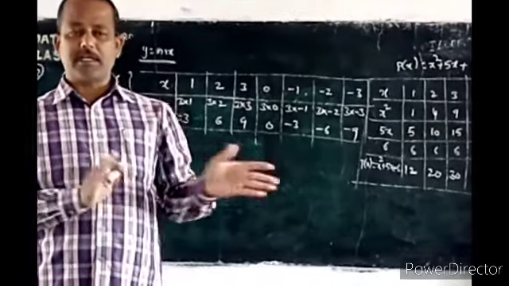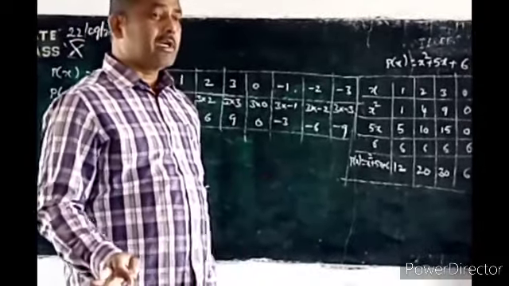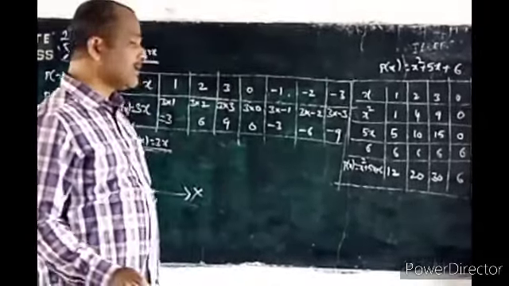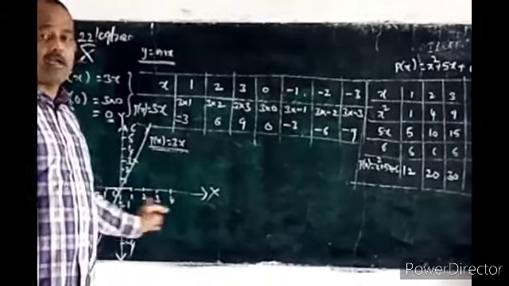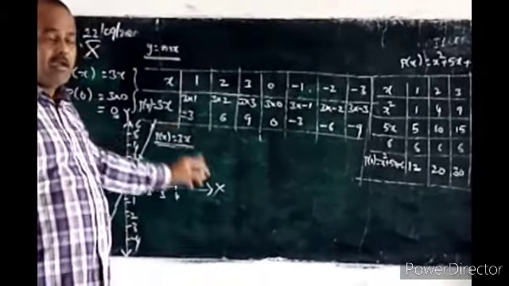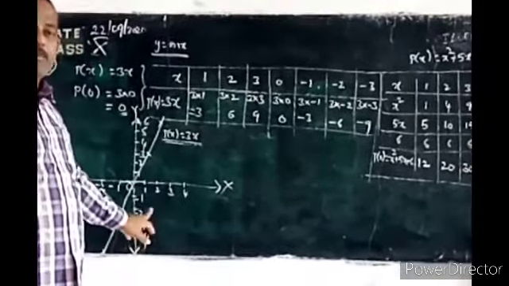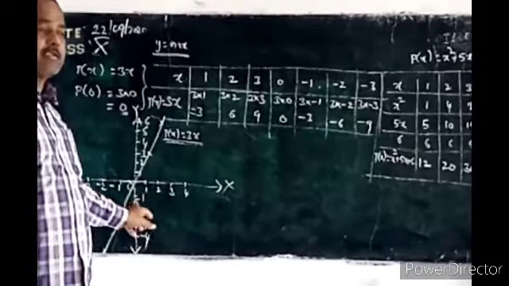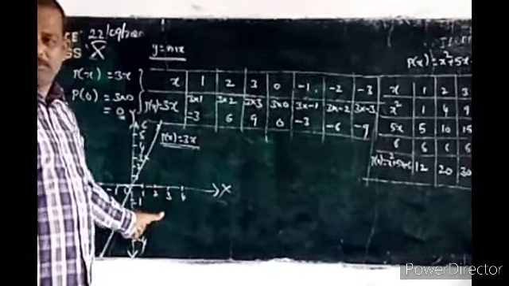First, take a graph sheet and draw two perpendicular lines. These two perpendicular lines intersect at one point, that is nothing but the origin. The horizontal line is denoted by the x-axis and the vertical line by the y-axis. And immediately the scale. On the x-axis, 1 centimeter is 1 unit only for these problems.